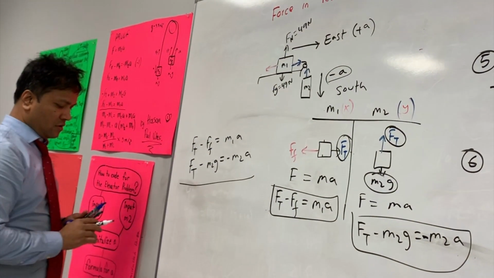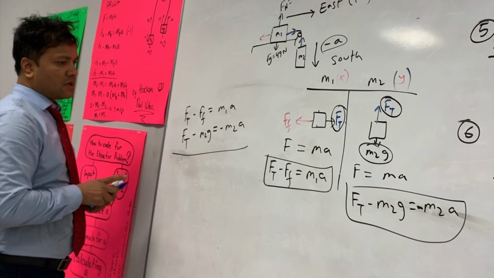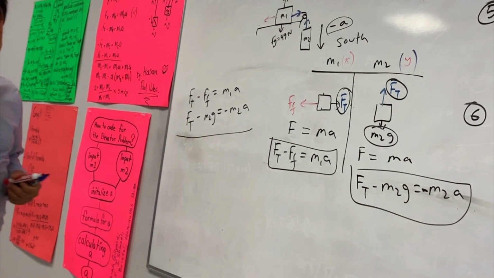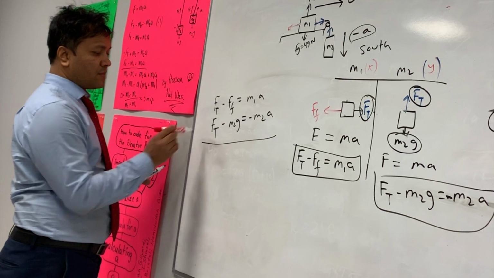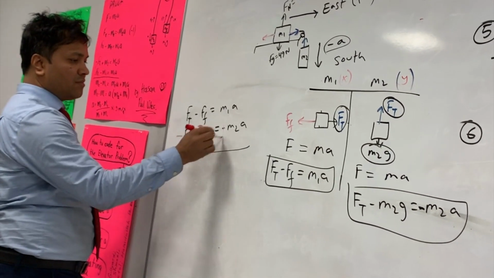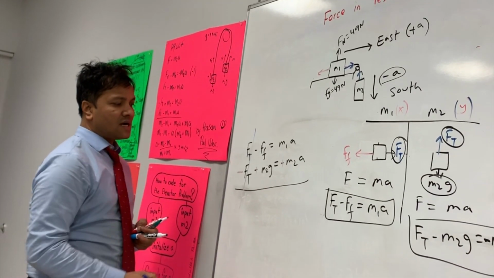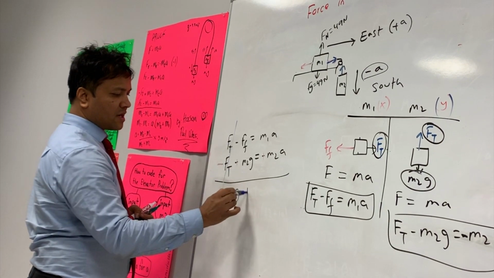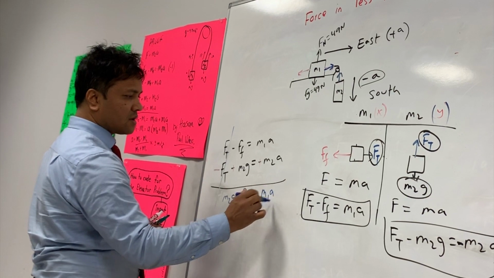Okay, so the negative here is the problem. I cannot put it like that because these are not like terms, but it doesn't matter. So I'm going to negate this one, multiply it by negative. So this negative becomes positive, this negative becomes positive. Look what happened: Ft cancels. I'm going to write the positive term first, m2g, and then minus Ff. Then m1a plus m2a.